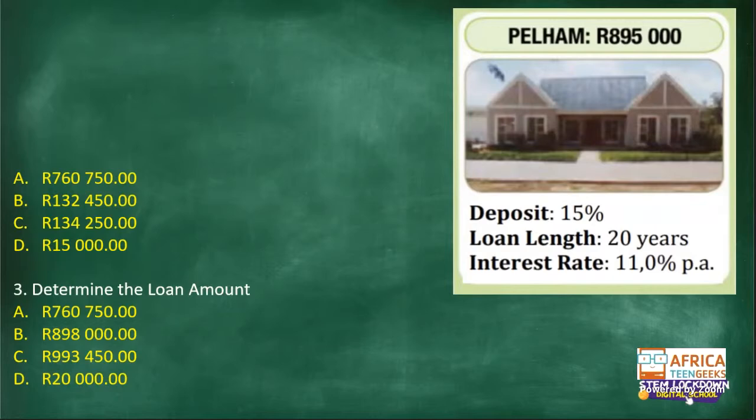What will be the loan amount in this case? Now, in order to get the loan amount, we will take the 15% amount of 895,000.